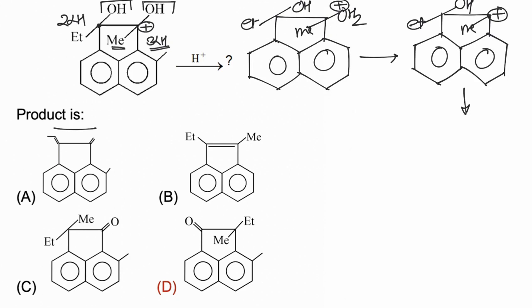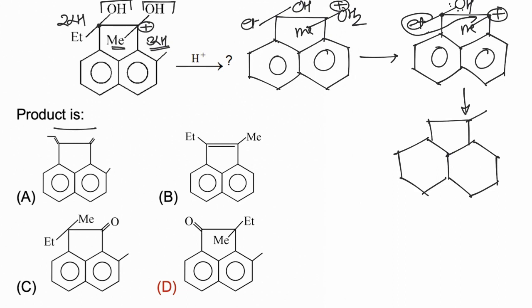Now this carbocation may further stabilized if positive charge is stabilized by alpha effect of OH group. To create alpha effect, ethyl group will migrate to a distant position and forming carbocation which will be further stabilized by alpha effect.